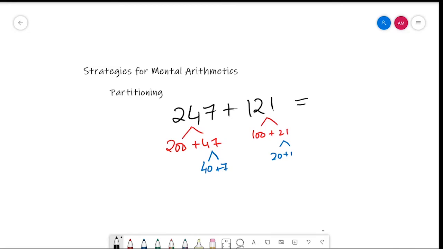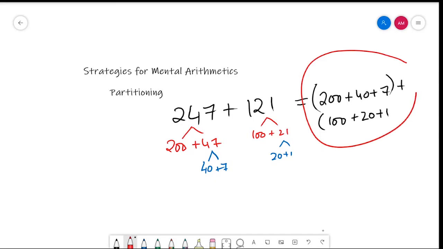It is equal to 200 plus 40 plus 7. And you can also write 121 in another form, that is 100 plus 20 plus 1.